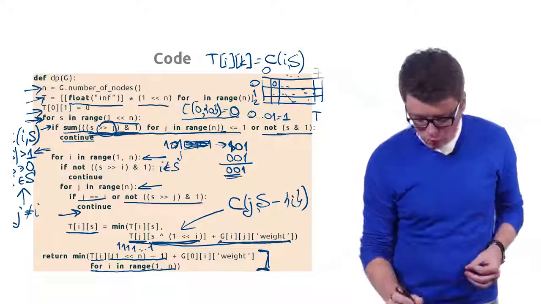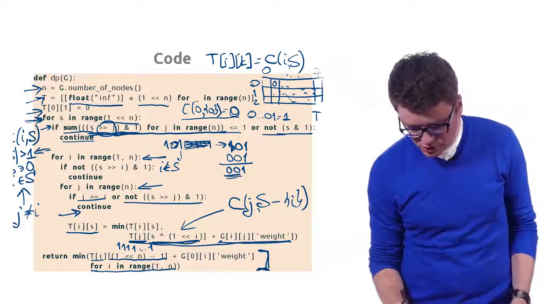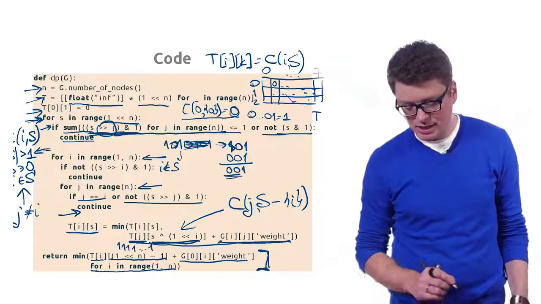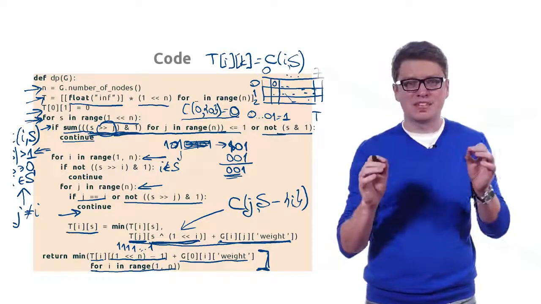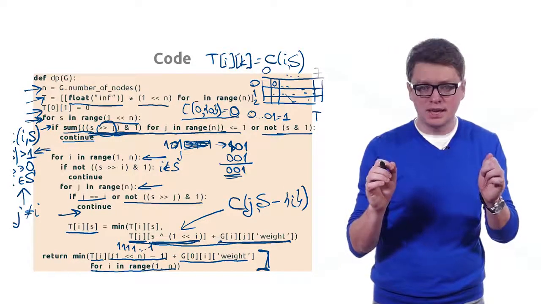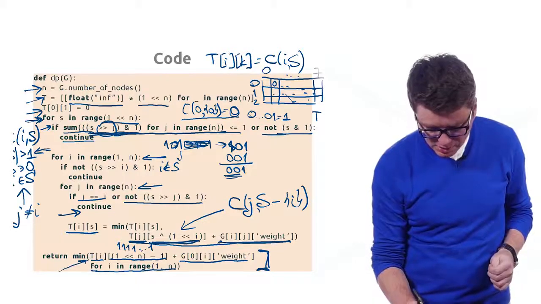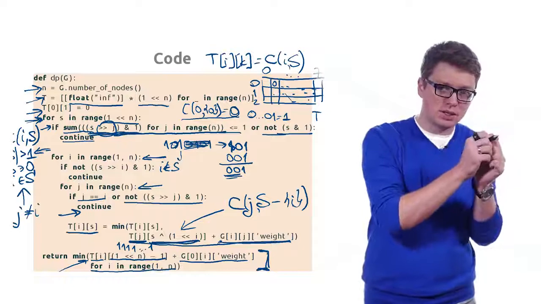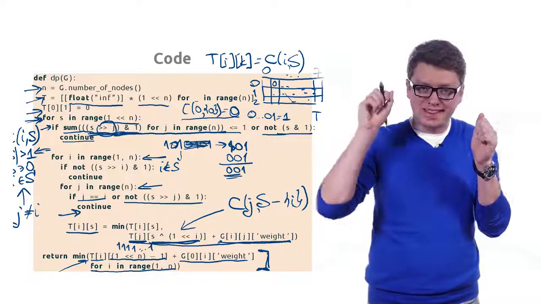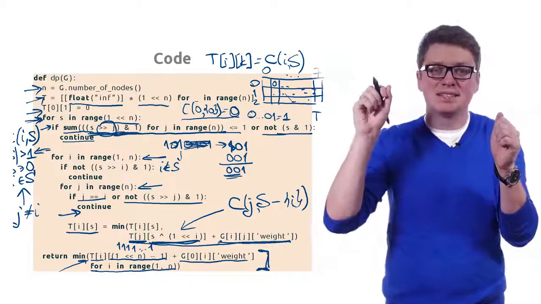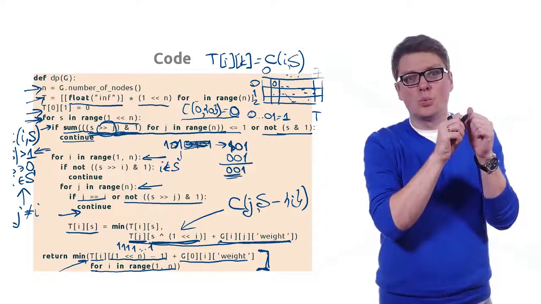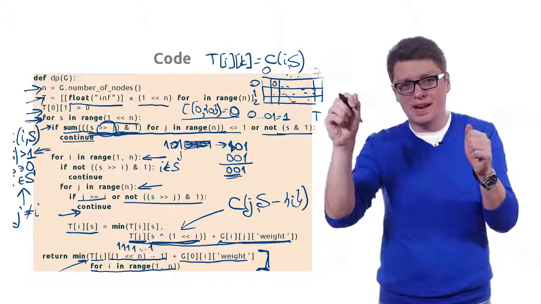Okay? So we check all such values, and for every such path we add just the weight of the edge from 0 to i. Okay, so once again, this is the optimal weight of a path that starts at 0, visits all the nodes, and ends at the node i, and then we need to add one more edge going from i to 0.